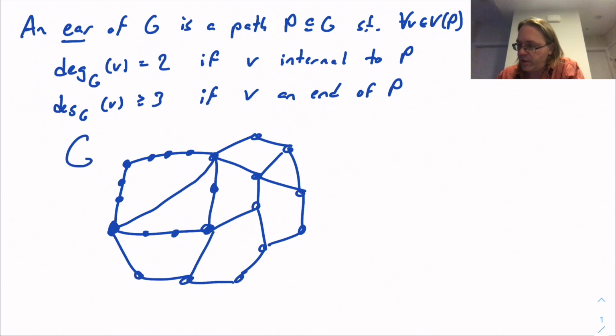Let me indicate the ears. So the ears, again, I'm looking for a path, and the rule is that all of the internal vertices of the path have got to be degree 2, not only in the path, where they're automatically degree 2, but also in the whole graph.